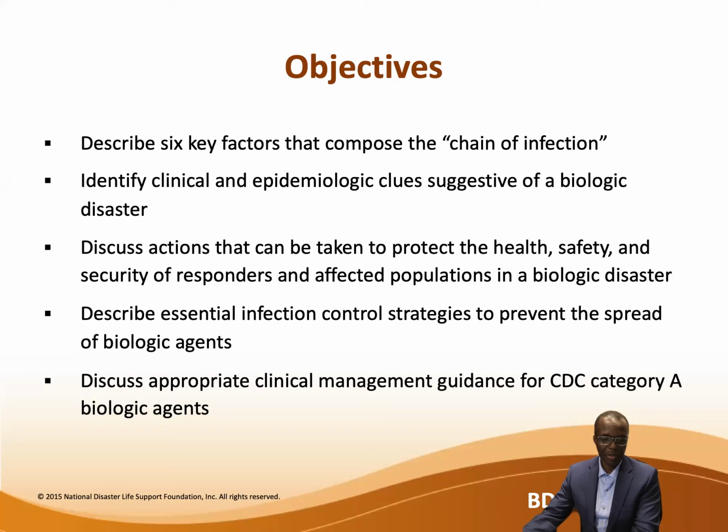Discuss actions that can be taken to protect the health, safety, and security of responders and affected population in a biologic disaster. Describe essential infection control strategies to prevent the spread of biologic agents. Discuss appropriate clinical management guidance for CDC Category A biologic agents.